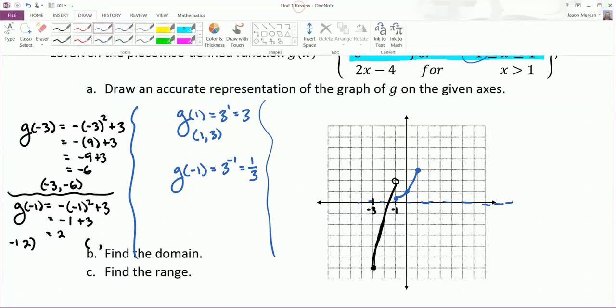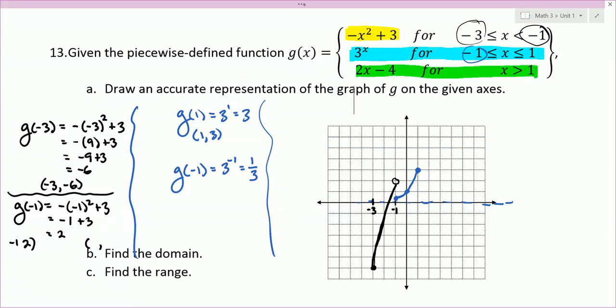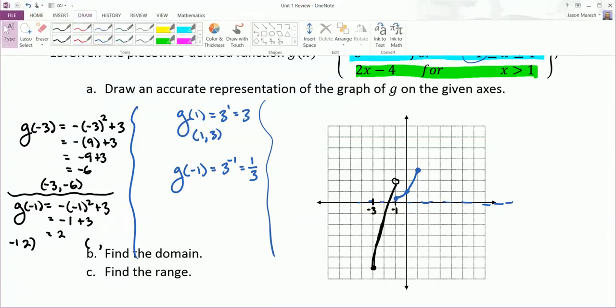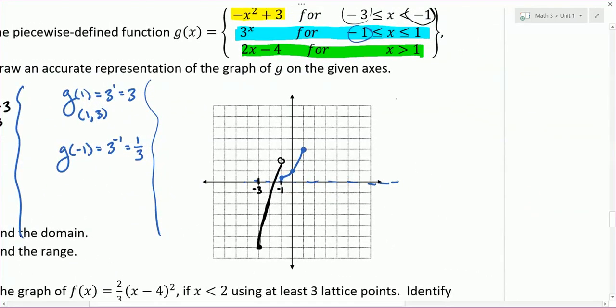And then moving on to the last piece, 2x minus 4 for x greater than 1. So think about what we know about 2x minus 4. That's a line. It's got a y-intercept at -4, and it's got a slope of 2.